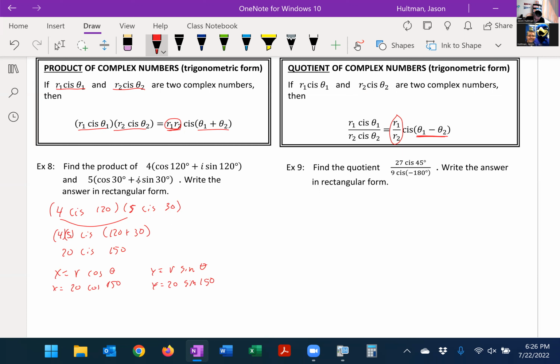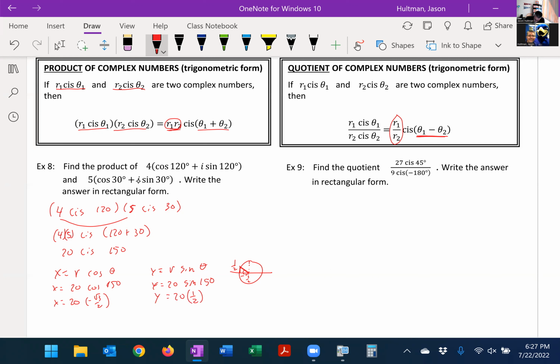If we remember back to our unit circle, 150 had a reference angle of 30 degrees, and it had a bigger x value than y value. So the cosine is going to be negative radical 3 over 2, and the sine is 1/2. So x is 20 times negative radical 3 over 2, and y is going to be equal to 20 times 1/2.